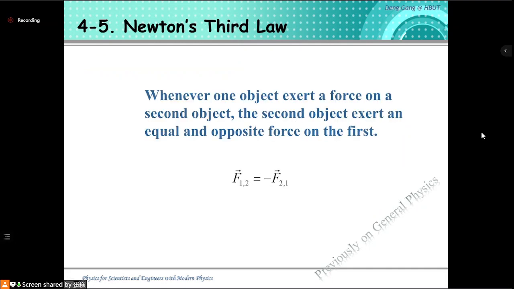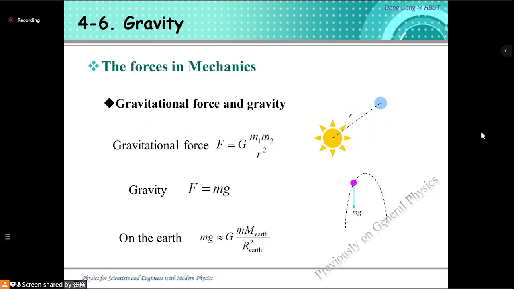According to the third law, whenever one object exerts a force on a second object, the second exerts an equal and opposite force on the first. And we have introduced different kinds of forces, like the gravitational force and gravity.